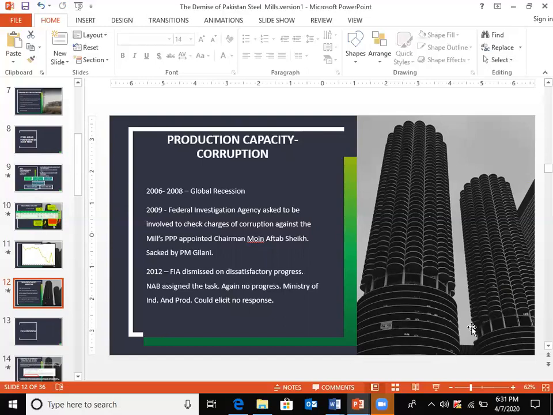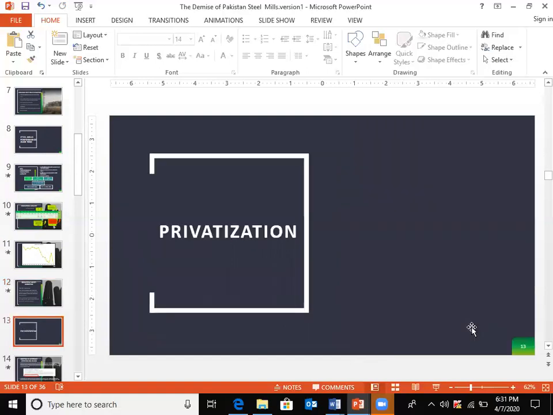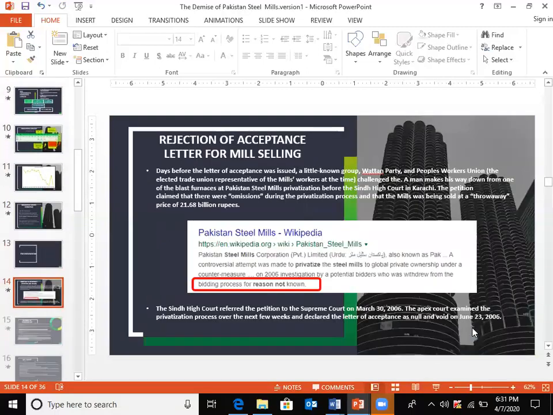There were other periods of time where NAB and FIA did get involved because of the extreme amount of corruption. So that's definitely been one problem seen throughout the journey of the steel mill. Unfortunately, a lot of the top people made a lot of money just for themselves, through wrong means, and the steel mill suffered at their expense.